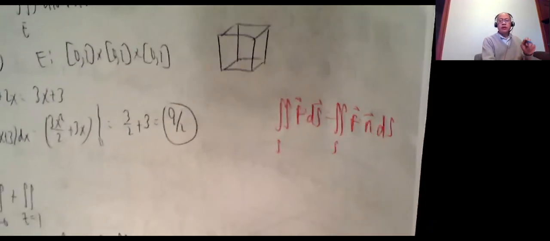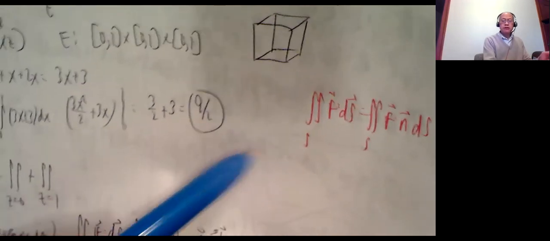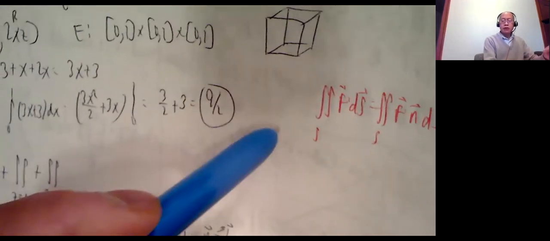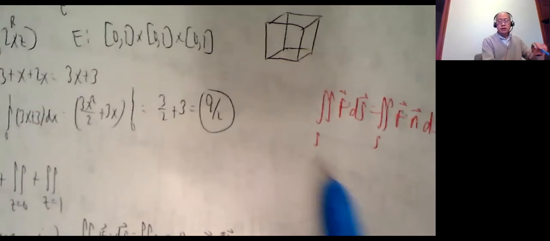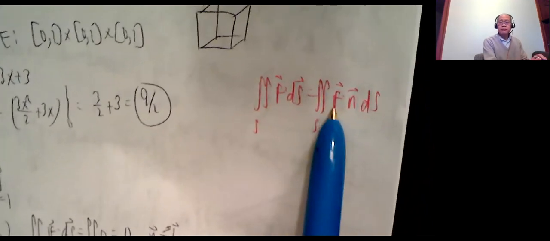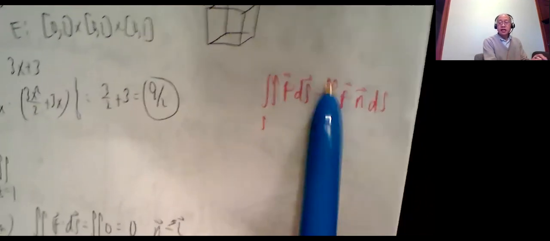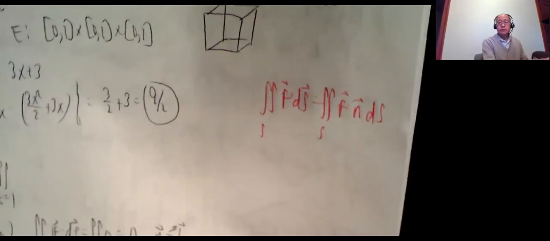If you have a force, it depends on what direction you have, and on how you come through the surface. If it comes through the surface at an angle, it's not going to be as strong as if I go straight down. Or equivalently, you have F dot n, the unit normal vector, times the scalar dS, which is a tiny change in the surface area. So that's what's happening in that case.